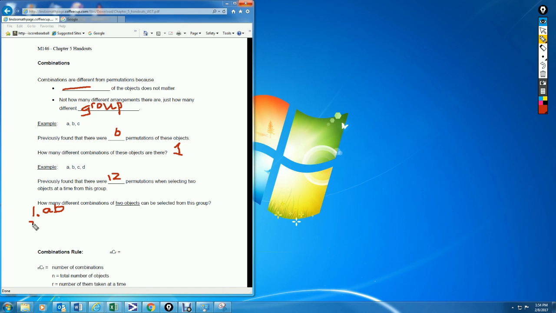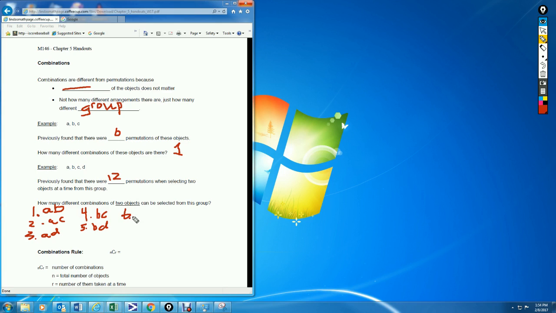So instead, I'm going to go on to A and C, and then A and D, because I don't care what order they are in. All right, so then we've got A with everyone. Let's go on to B and C, B and D. All right, now we've got B with everyone.